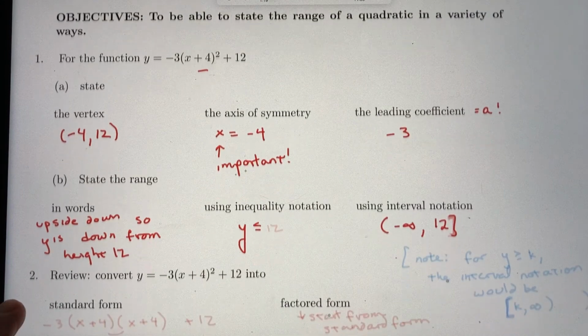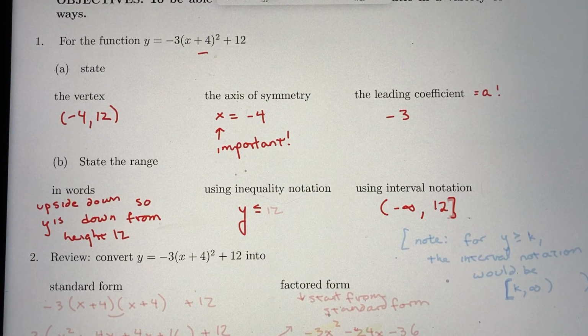Okay, so 2 notes. The brackets means include, and the negative infinity goes on the left. So I'll make a little note.